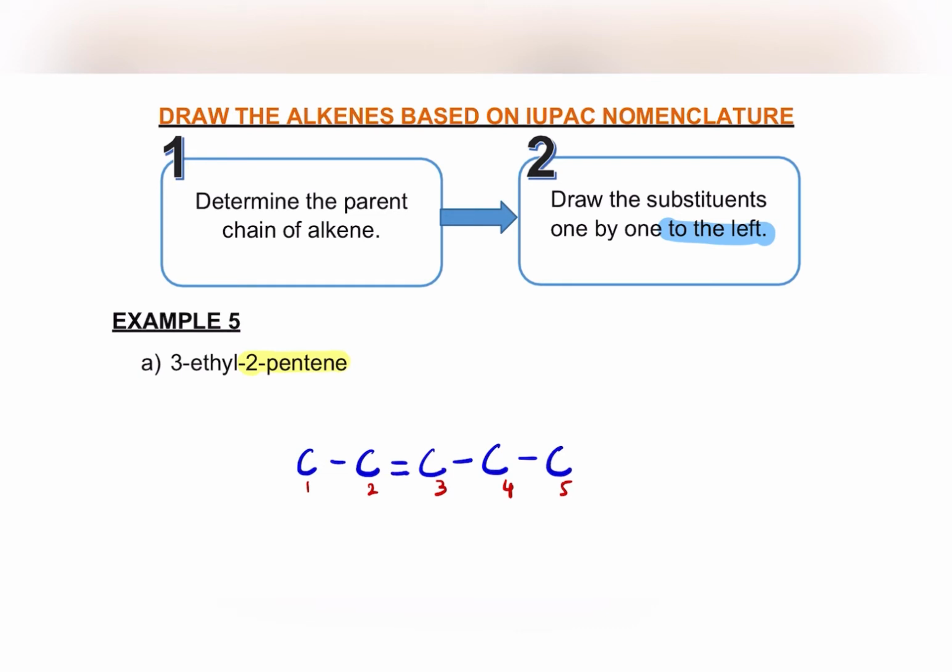And next one, I got ethyl at position carbon number 3. So ethyl means that you got 2 carbon chain. So at position carbon number 3, I got CH2, CH3. So next one, I'm going to fill in the rest of my carbon with hydrogen. So check one by one. Carbon number 1, I got 1. So 3 more left.